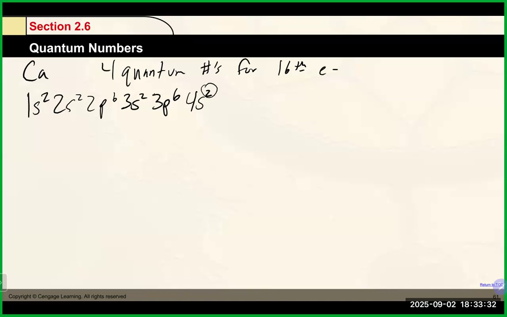Right. Now we're looking for the 4 quantum numbers for the 16th electron. So if I just count up the top numbers here, that is 2, 4, 10, 12, 18. So I do know that my 16th electron should be in my 3p subshell, right?